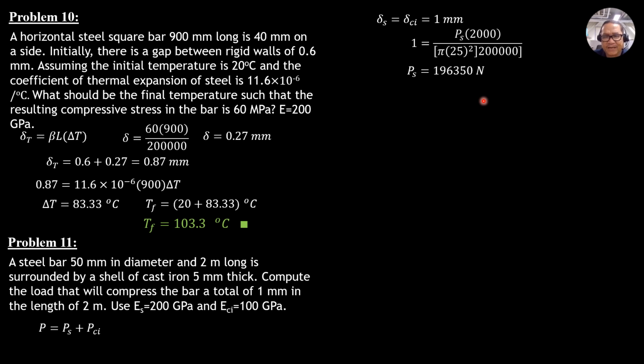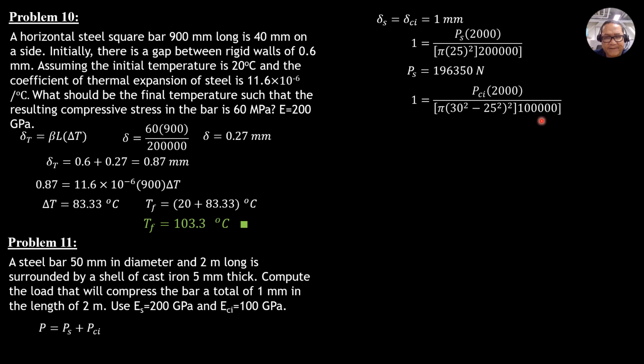Then for the cast iron, the area of the cast iron is the area of the big circle with radius 25, radius of steel, plus this 5 mm thick of cast iron, so 30. Then the inner radius is back to 25. So 1 equals P sub Ci 2000 over pi quantity 30 squared minus 25 squared.